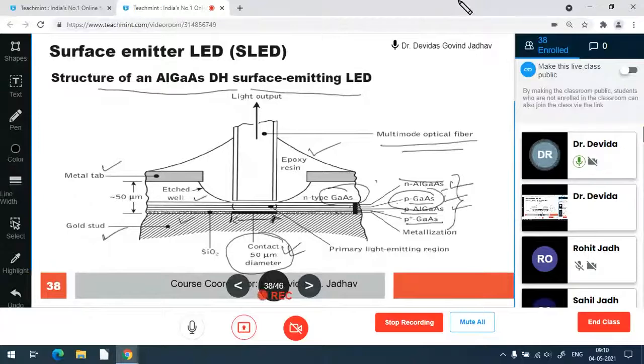The remaining is metallization, but there is an insulation layer, an oxide layer. Here oxide is not written, but the oxide layer is there, this dotted one. This oxide layer avoids conduction in this area, and it allows conduction only through this 50 micrometer diameter contact area.